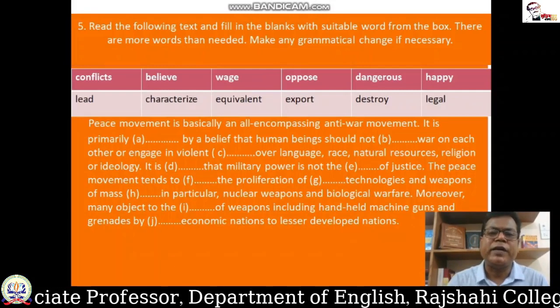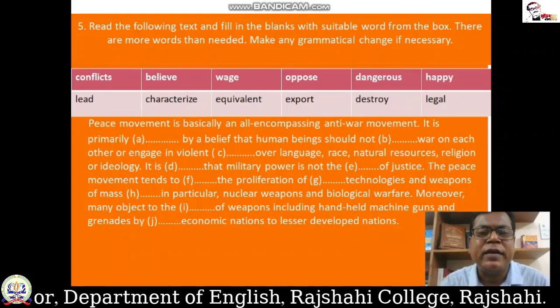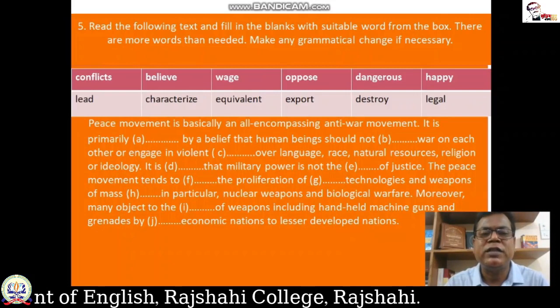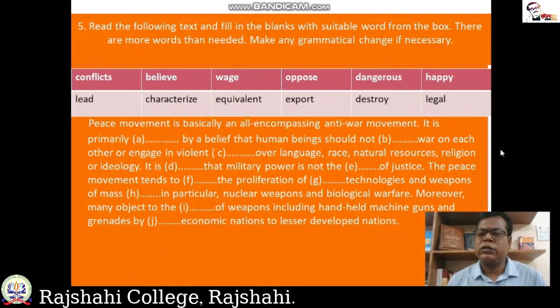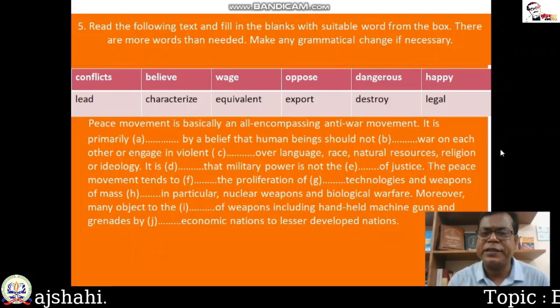So here before the gap you find to, and after to we usually use the present form of verb. So the peace movement tends to oppose the proliferation of what technology? Dangerous technology.